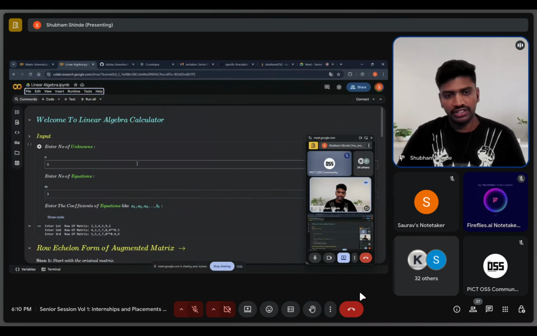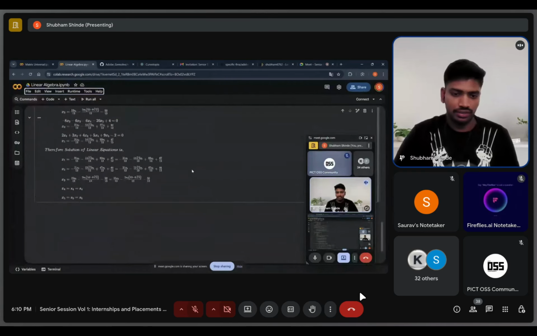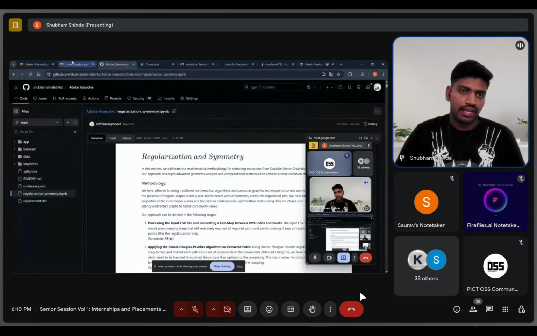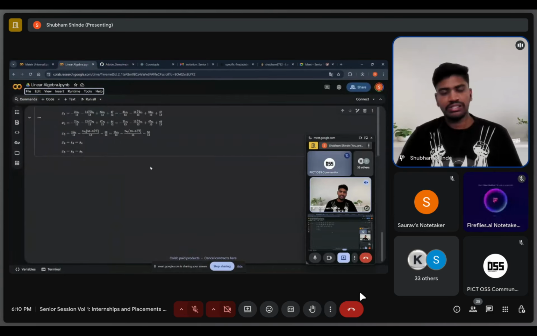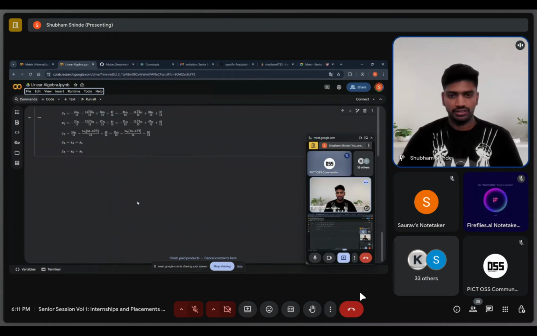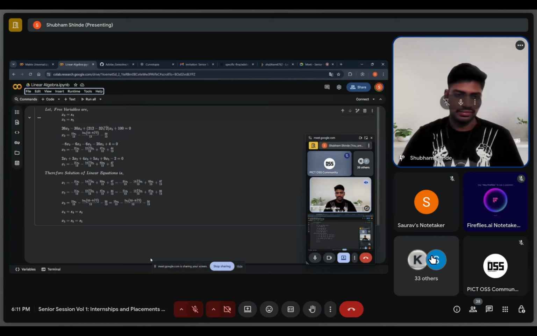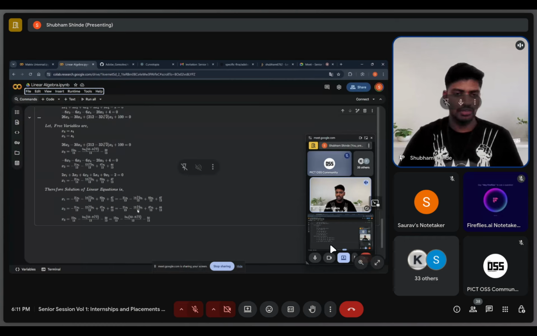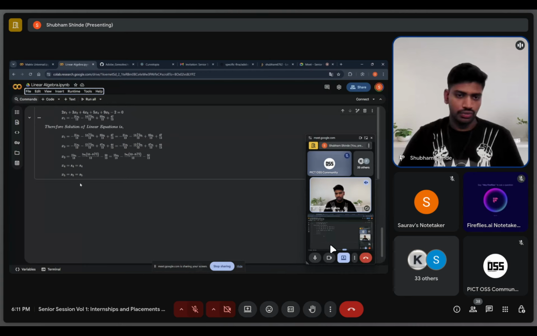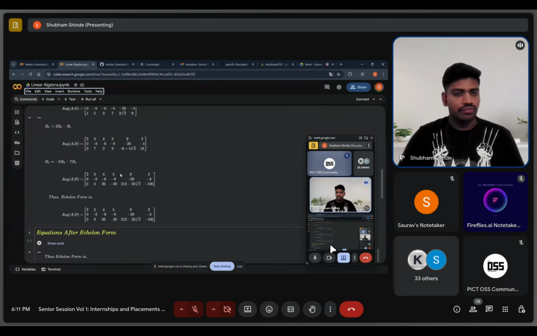You can enter any number of unknowns and any number of equations, and you can calculate. I first coded this project in my first year. This project gave me a clear understanding of how a program works and how things go. So this was my beginning.